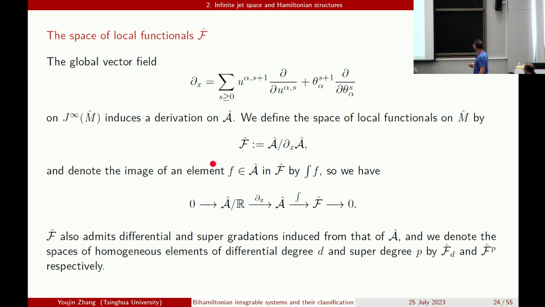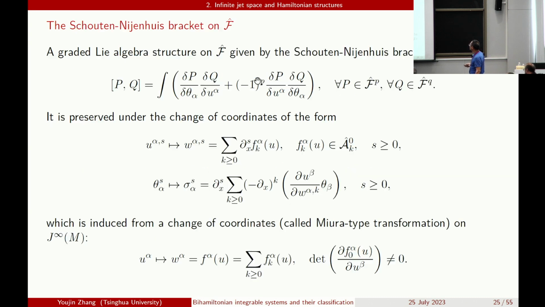And then we denote the projection of a differential polynomial of a hat to this space of local functionals f by using this quotient space.